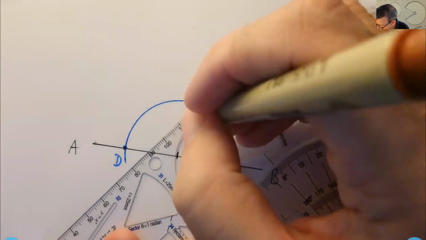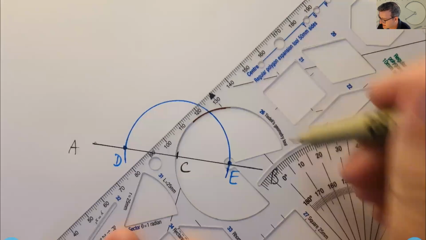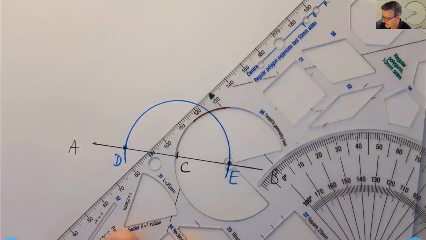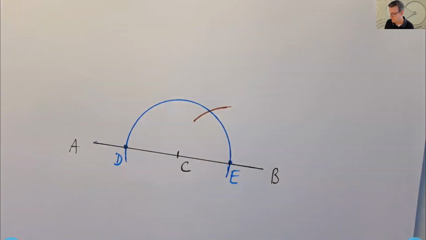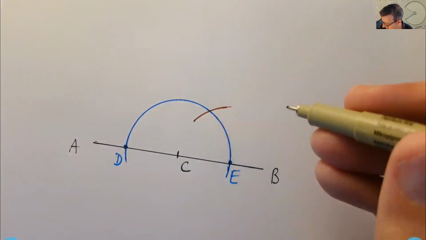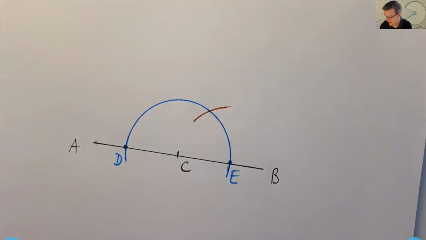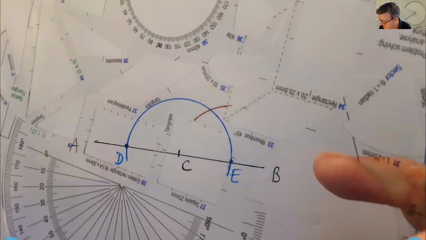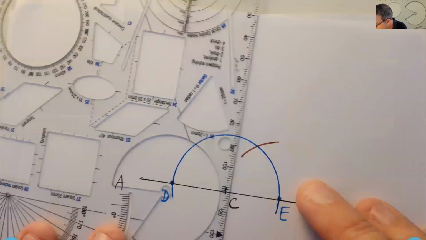What I would like to do is just get this circle arc with center E intersecting my previous arc. So this is a new point, say F and G when I do the other side. So let me do the other side and then I'll label them.